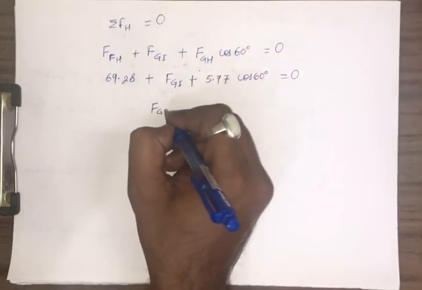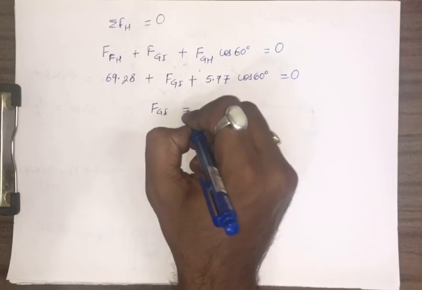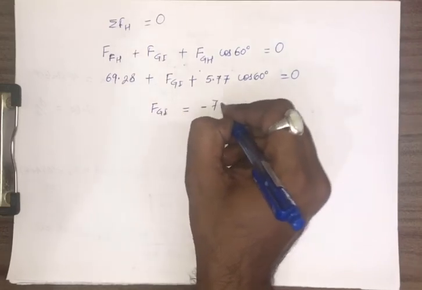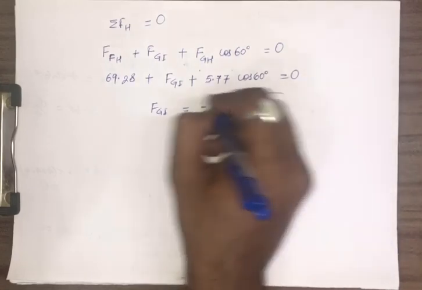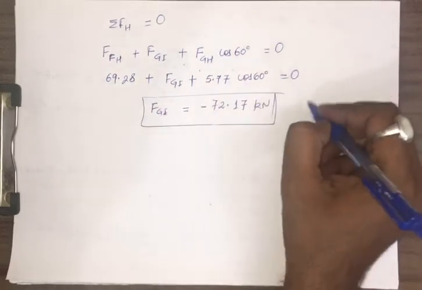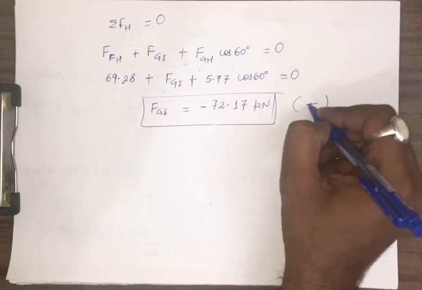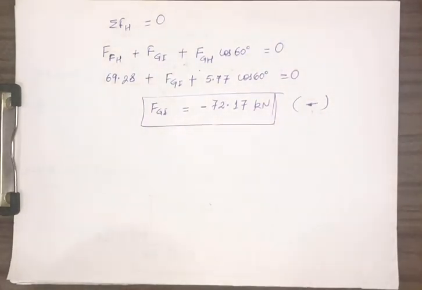So F_GI is coming out to be minus 72.17 kilonewton. So the direction is towards left, not towards right. Clear? So in this way you can solve the problem very easily.